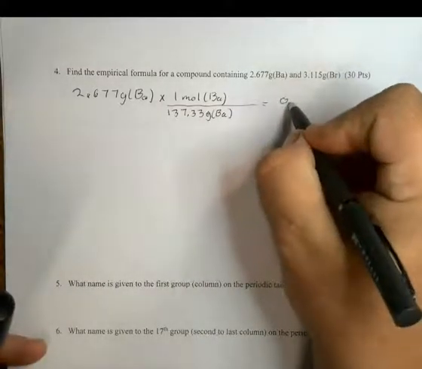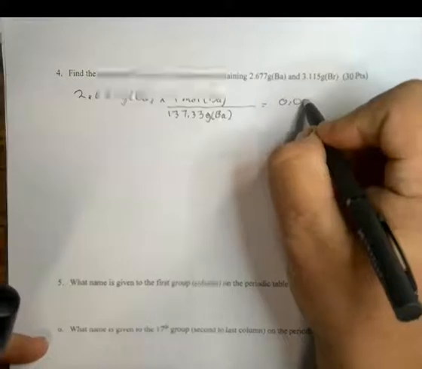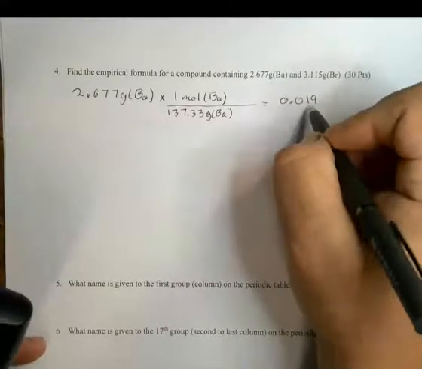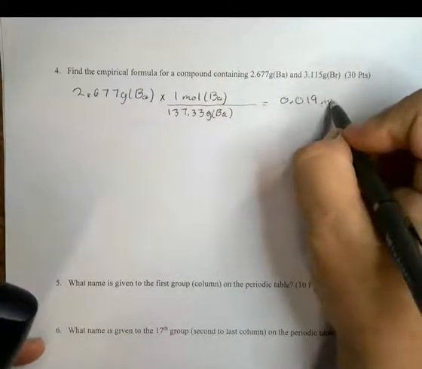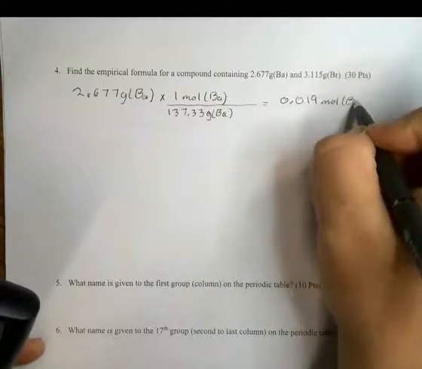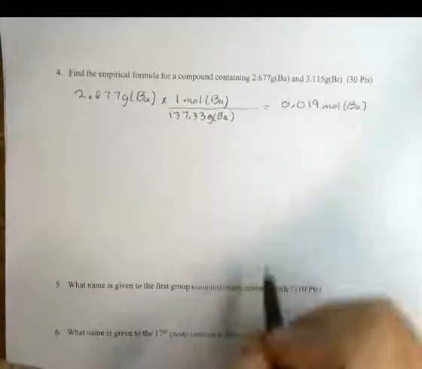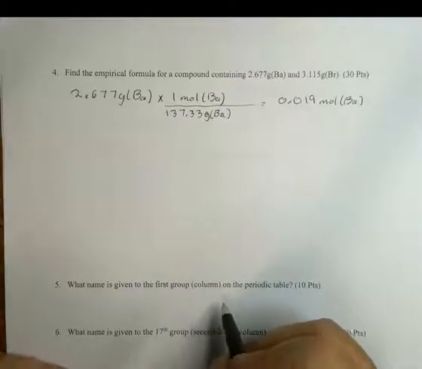And we get 0.019. We'll chop it off at 3 places after the decimal, and that's moles of barium. Okay, do the same thing with bromine.